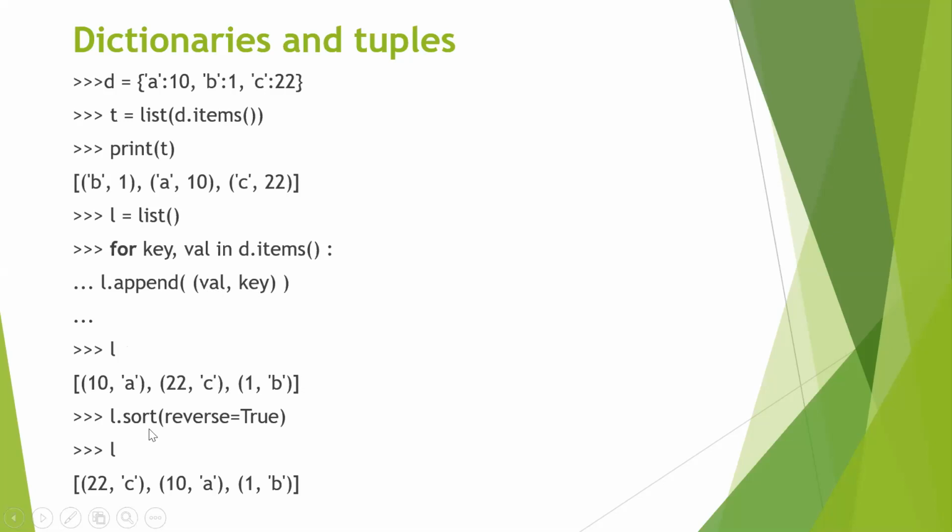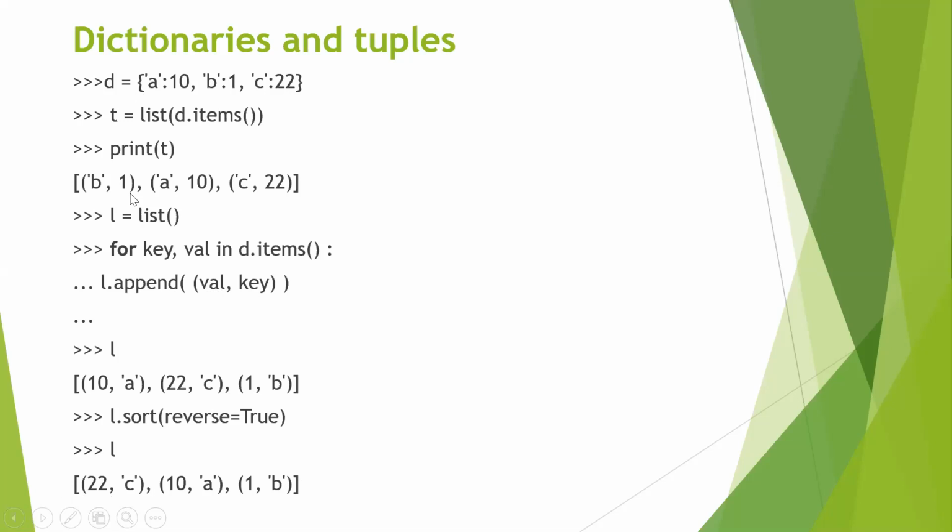Now sort it. Say I want to sort it in descending order of these values. So I can say L dot sort reverse is equal to true. So if you print L now, you get a list of all these tuples sorted in descending order based on the values. So what are we saying? We know how to create a dictionary. We have a method called items, which will return a tuple consisting of a key and a value.